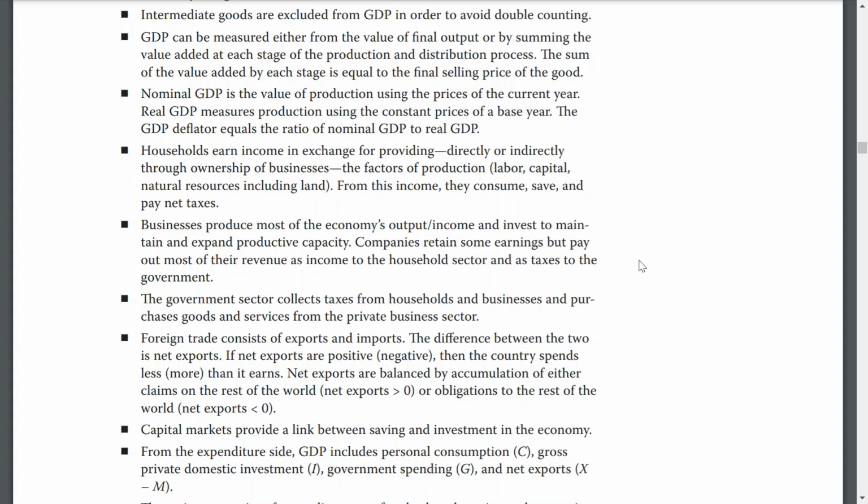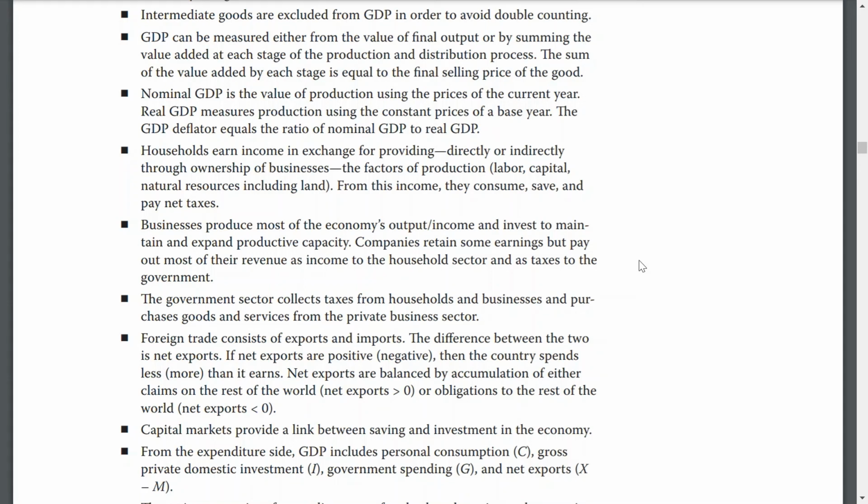Companies retain some earnings but pay out more in revenues as income to the household sector and as taxes to the government.